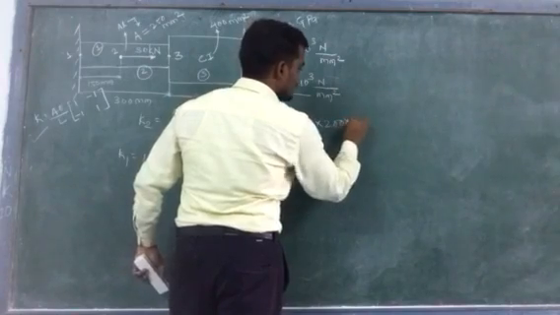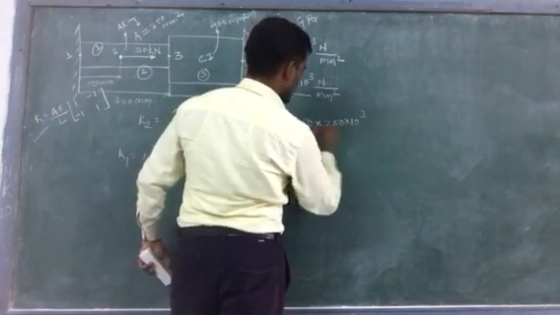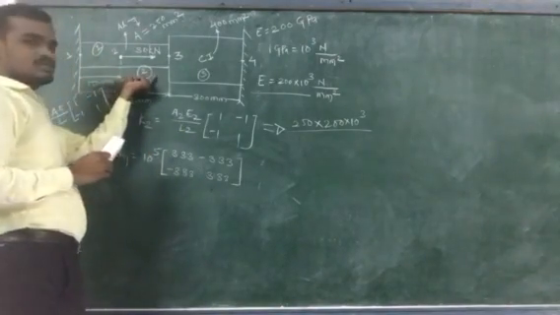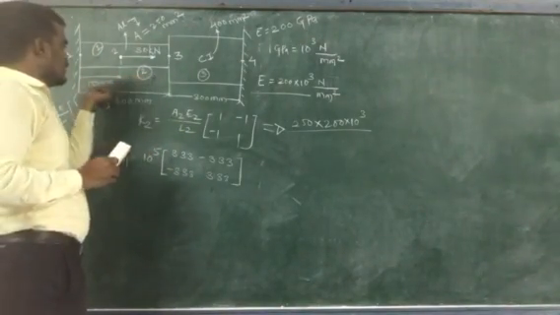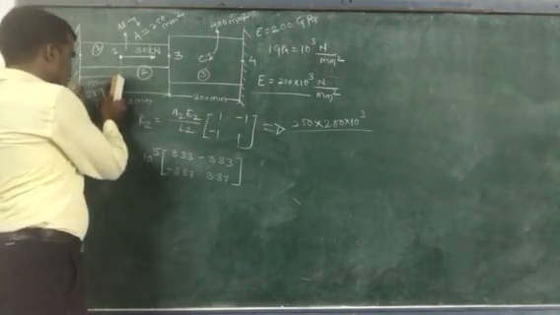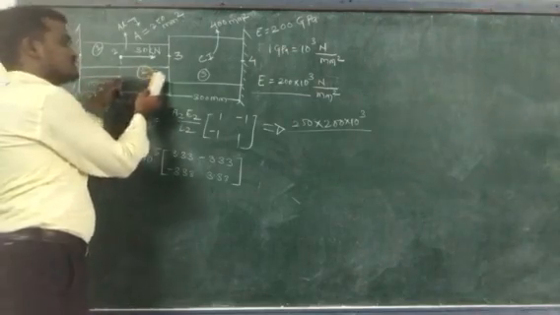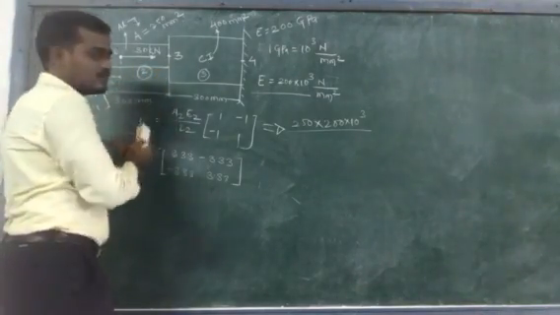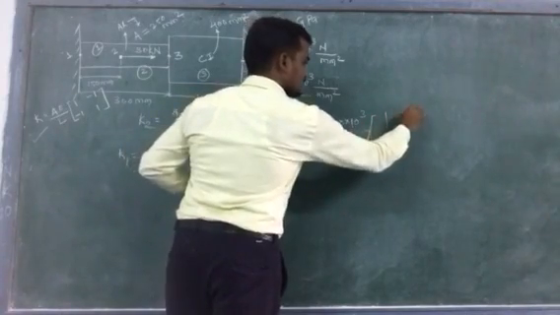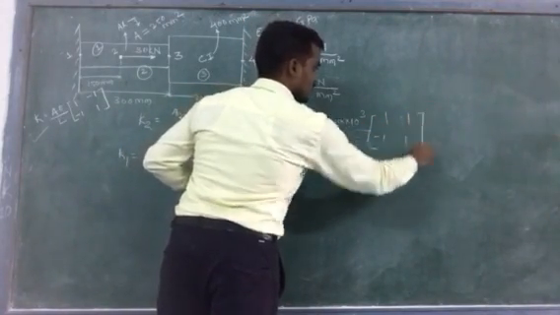Divided by L2. L2 is 150 mm because the total is 300 mm. For the first element it was 150 mm, then for the second element it should also be 150 mm. So it will become 150 into 1 minus 1, minus 1 plus 1.